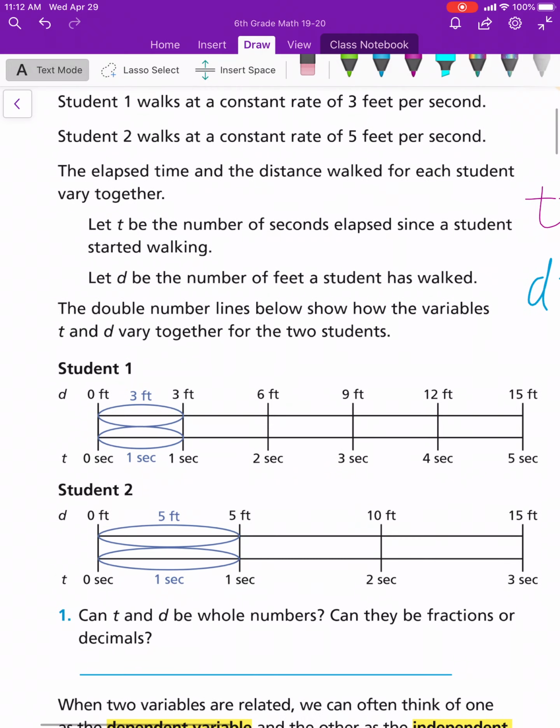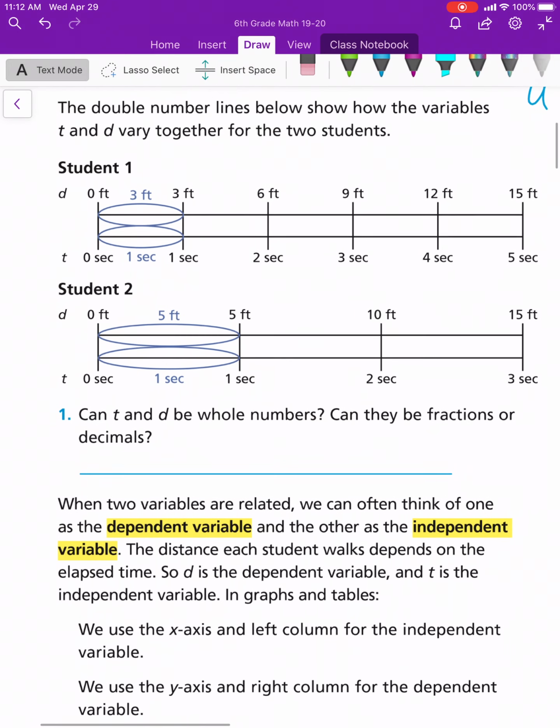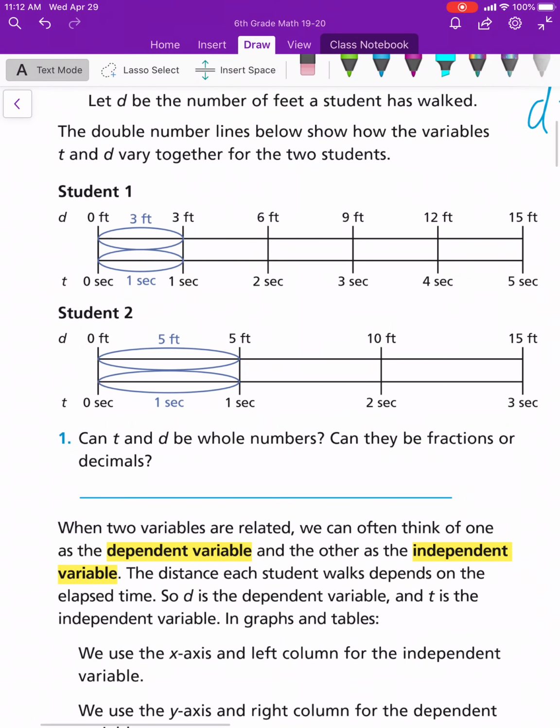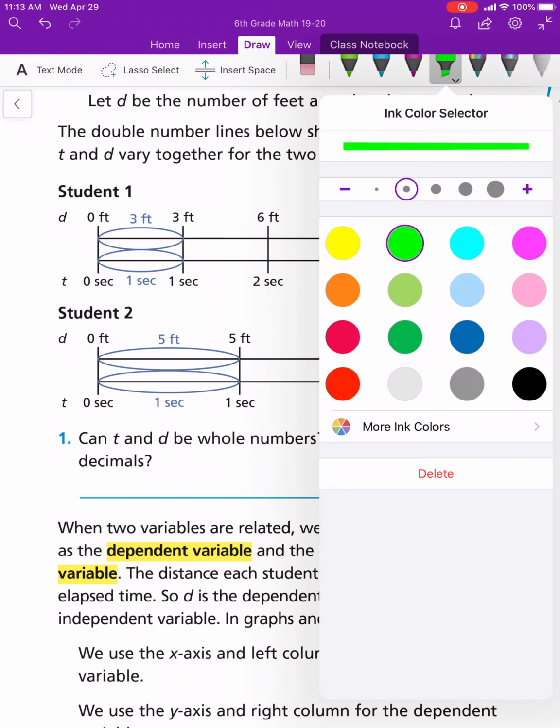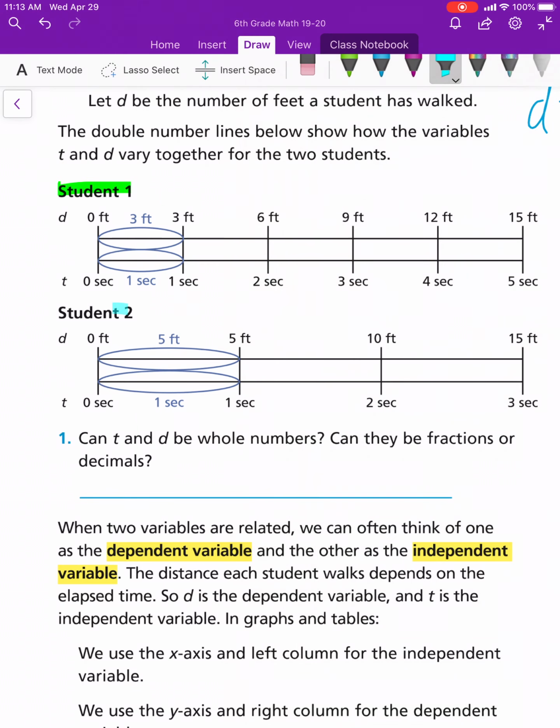So the double number lines below show the variables t and d varying together for two students. So we have student 1 and we have student 2. And these graphs show that for every 1 second, 3 feet have been traveled.